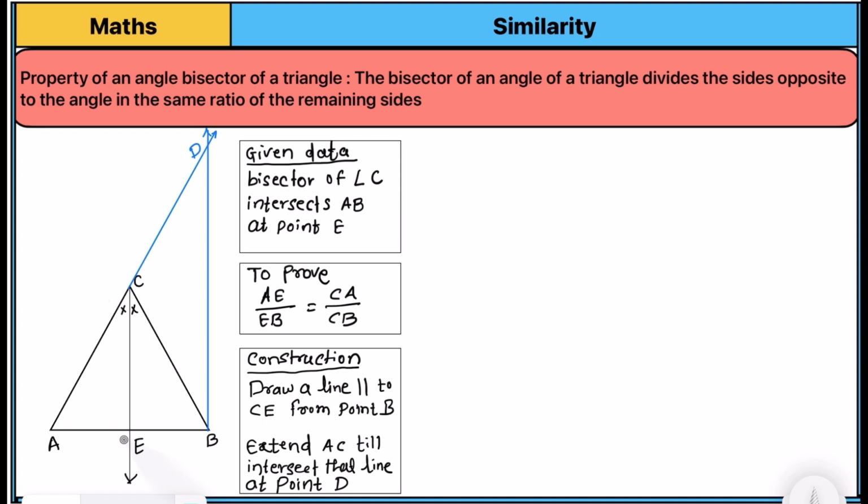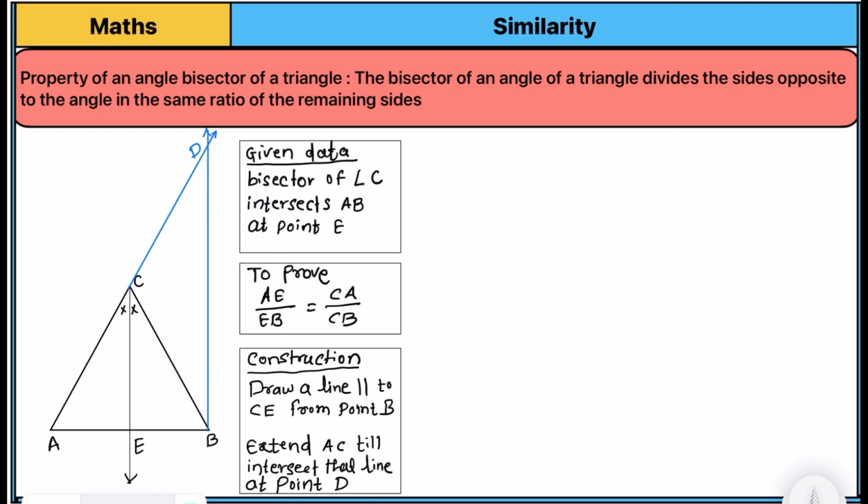We have drawn it upside, parallel to CE. Then we have extended AC till it intersects the parallel line which we have drawn from point B. The point at which these two lines meet, we are calling point D.